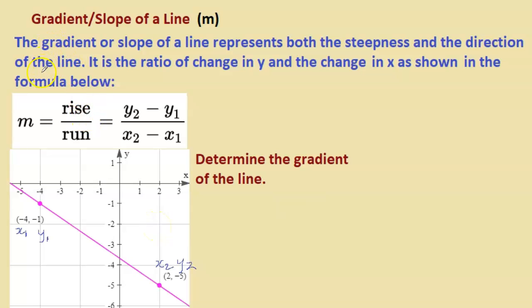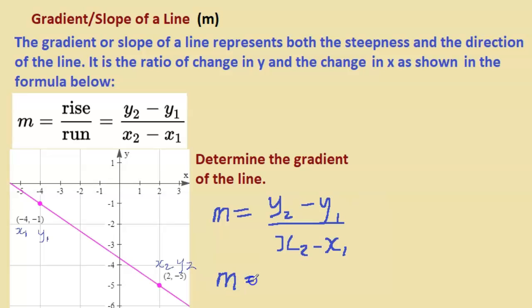So if I'm using this formula to calculate the gradient, I would have m, let me just rewrite it, y2 minus y1 over x2 minus x1. So we'll end up with the y2, what's that, -5? Yes, that's the point 2, -5, right? So we're using -5 for y2, so we have -5 up here.